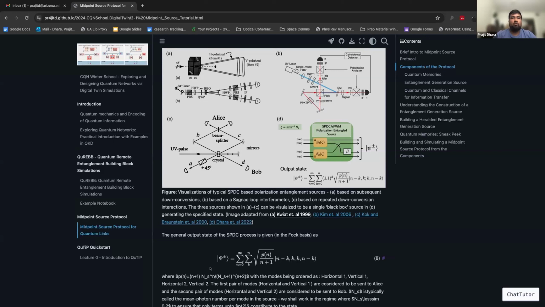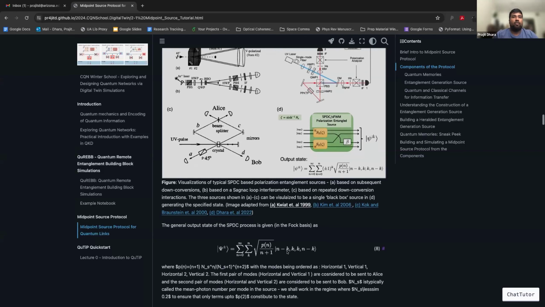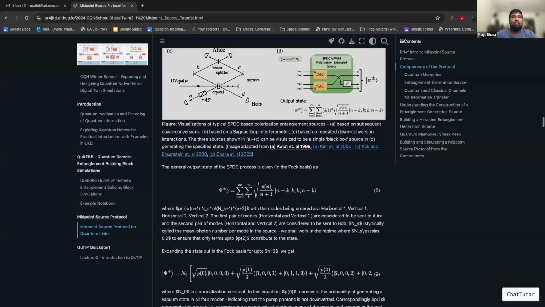So this is the most general model of an SPDC source, an SPDC-based polarization entanglement source, and an SPDC-based dual rail entanglement source. If you write these terms out up to n equal to 2, the P of n is given through the inherent two-mode squeezed vacuum distributions that are involved in writing down the state. The expression is given over here.